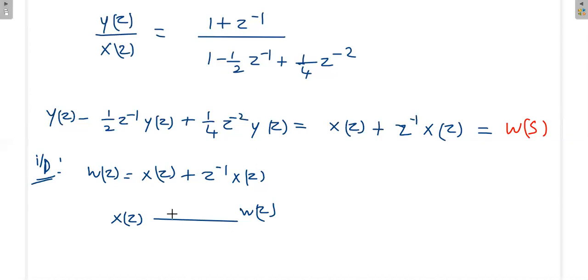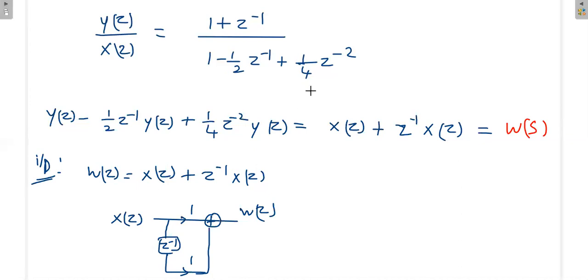Then it is also delayed again with the gain of 1. Then again you add this here. This is with the gain 1. So now for w of z, we have x of z as well as x of z delayed with z inverse. So this is the realization at the input side.